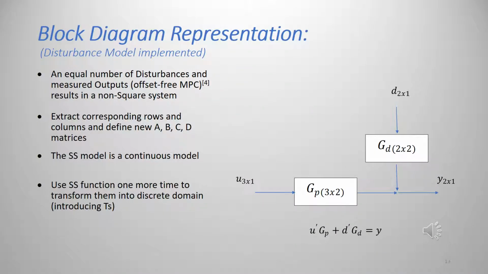From the 5 inputs that we had in the model, we picked 2 as disturbances. We treat them as disturbances and use the rest of them as manipulated variables to control the controlled variables.